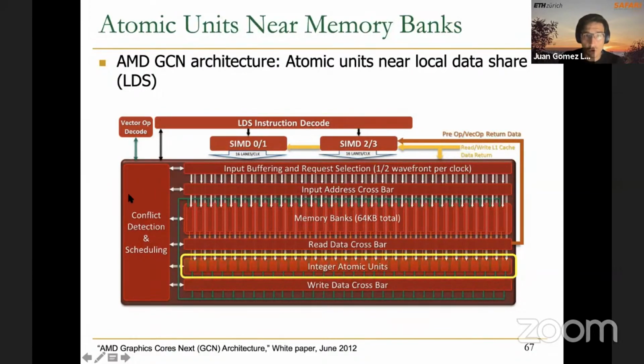And not only that, these LDS also include some conflict detection and scheduling logic to detect the potential conflicts in the execution of atomic operations, and based on that, schedule the threads on these integer atomic units in a way that the number of conflicts gets reduced, and the performance of the atomic operations in the LDS, or the shared memory in AMD architectures, is greatly improved.